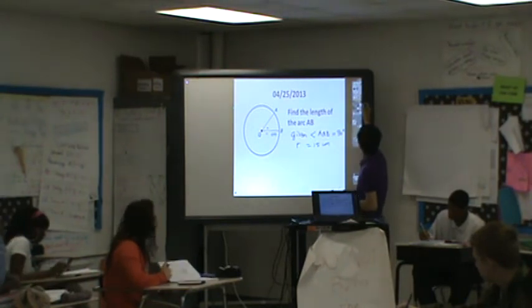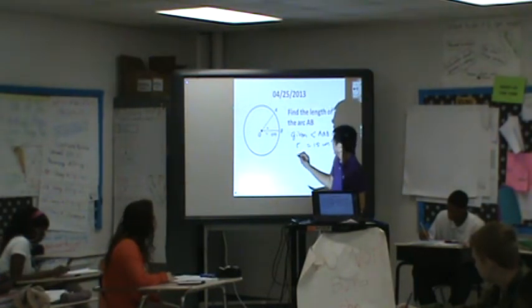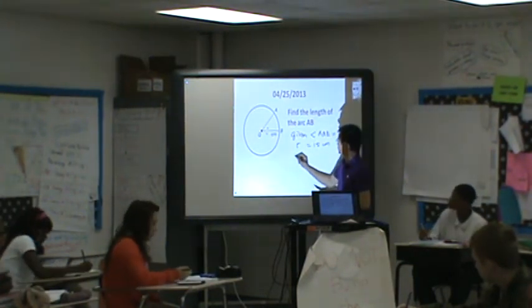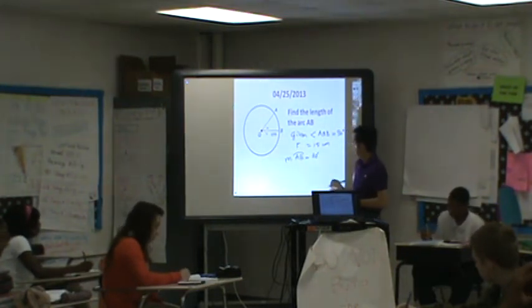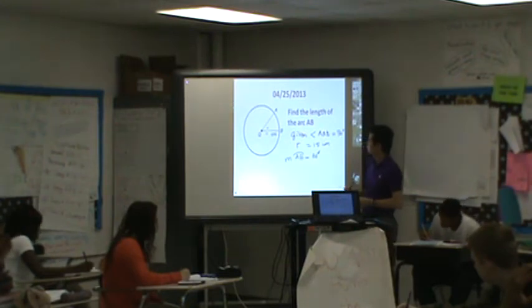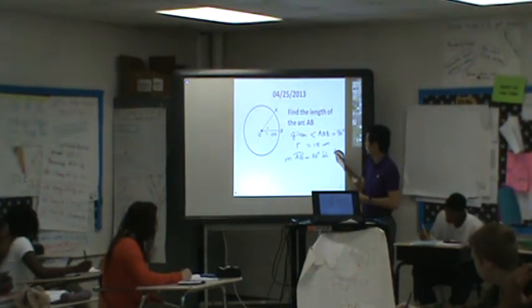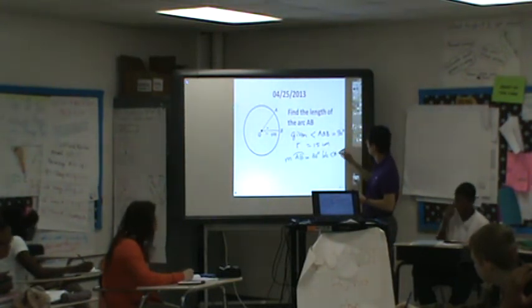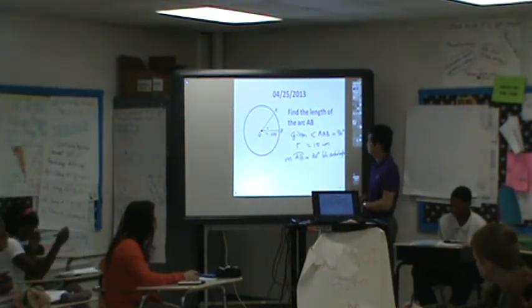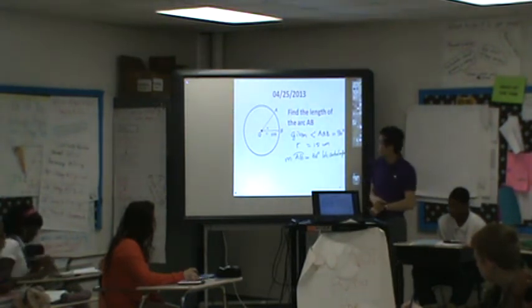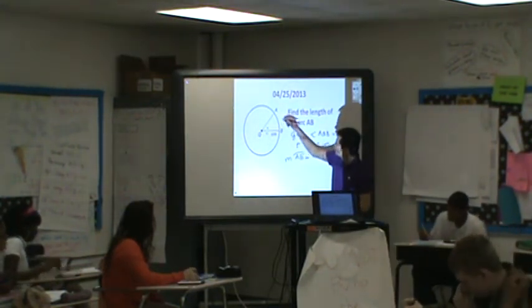Because angle AQB is what kind of angle? A central angle, that's right. Central angles and their arcs are the same in degrees. So if this arc right here is 30, what's the next step?